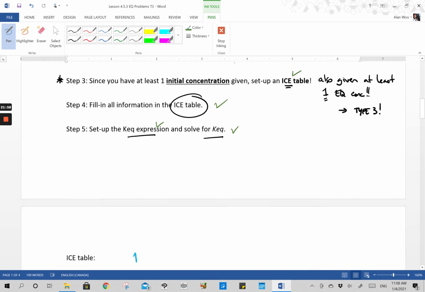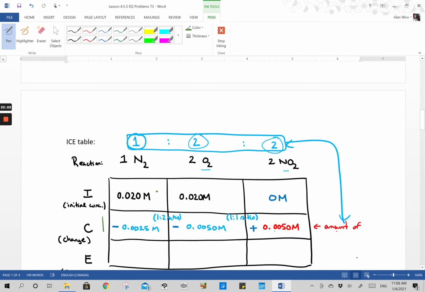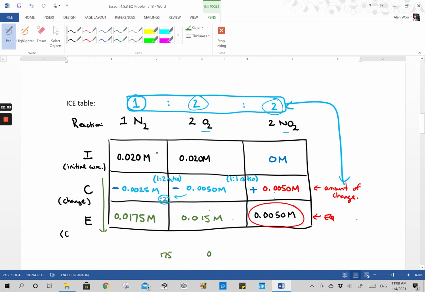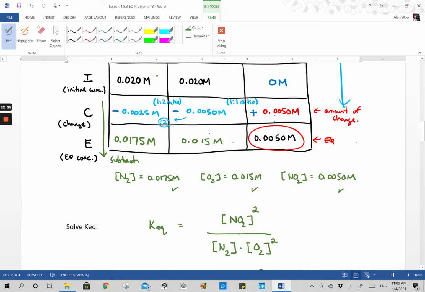So if this all seems overwhelming, that's natural, okay, because for most of you this is probably the first time that you had to use an ICE table. Okay, so it'll probably take you a bit of time and practice to get the hang of it. But once you do, a type 3 is actually a pretty straightforward type of question. Once you're able to fill in the ICE table properly, you should be able to do math to solve for your KEQs and your equilibrium concentrations.